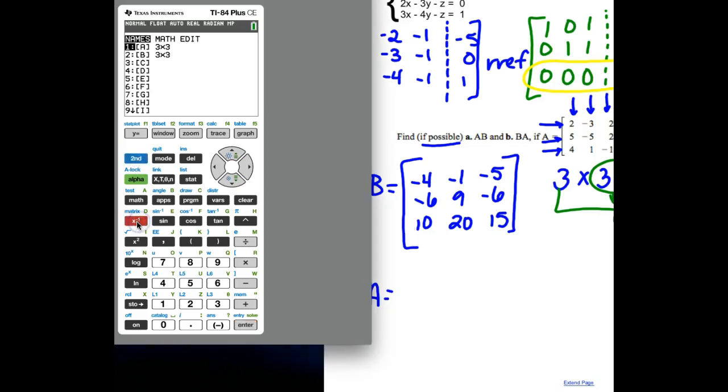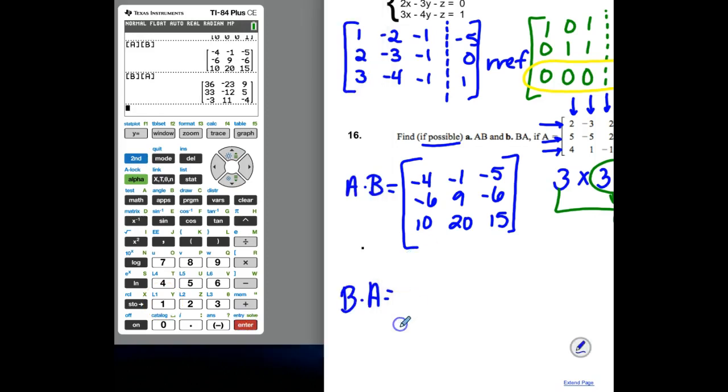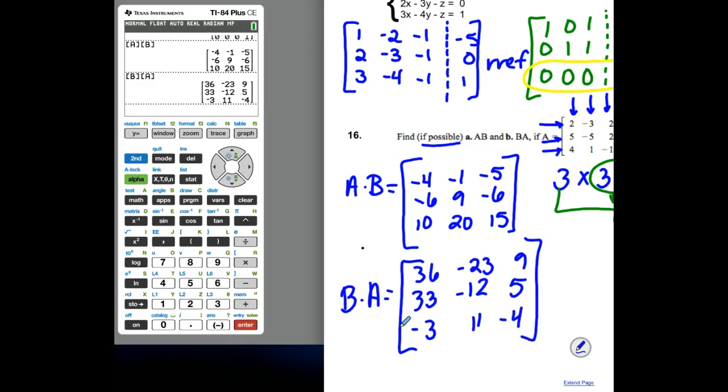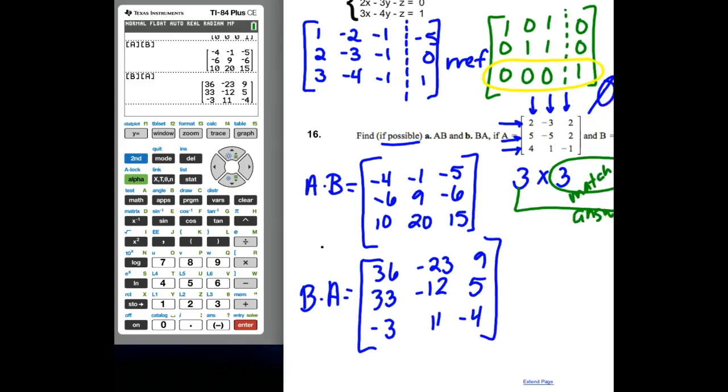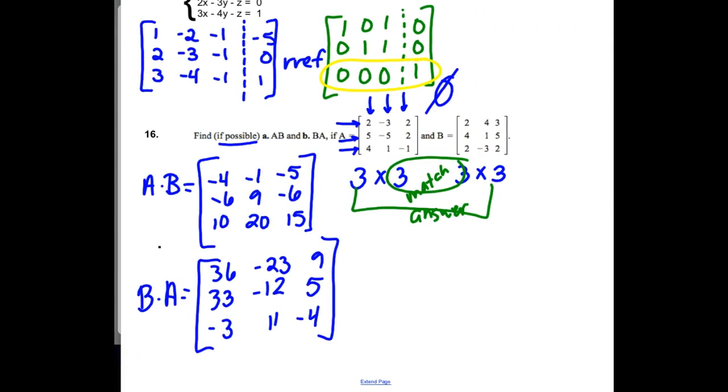Our matrix, this time we want B first, and then matrix A. Enter. We'll multiply them, and we get 36, -23, and 9, 33, -12, and 5, and -3, 11, -4. Okay? So that is matrix multiplication on the calculator.